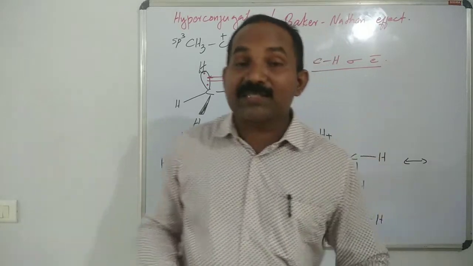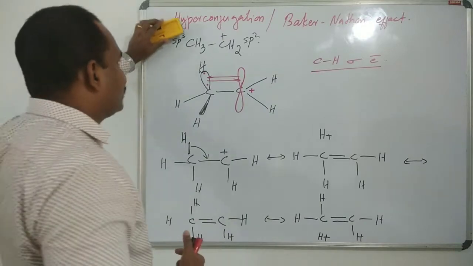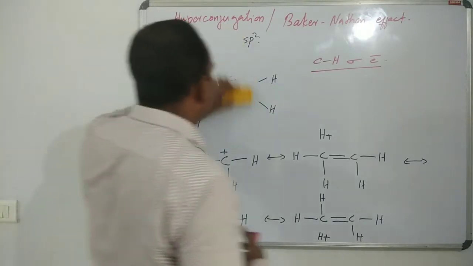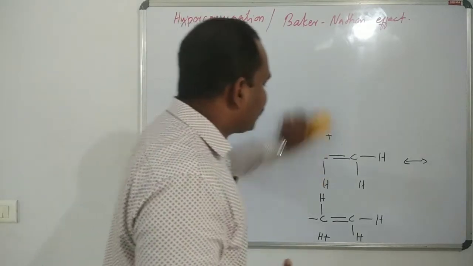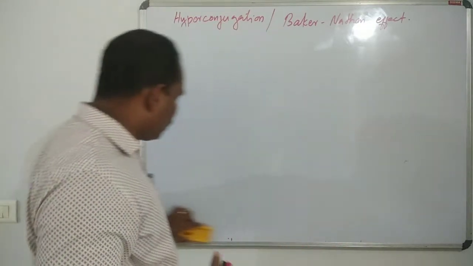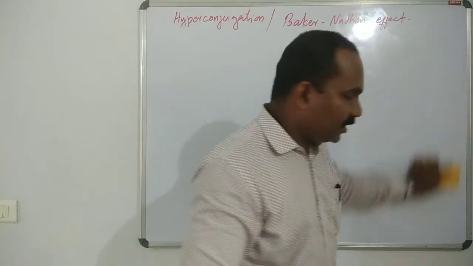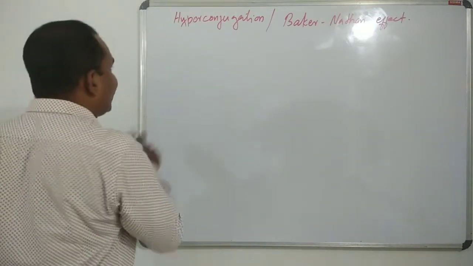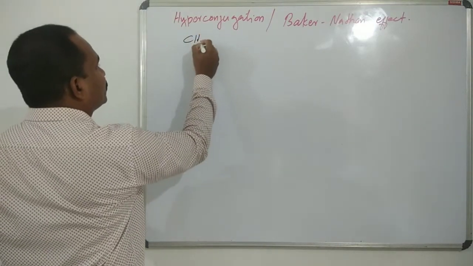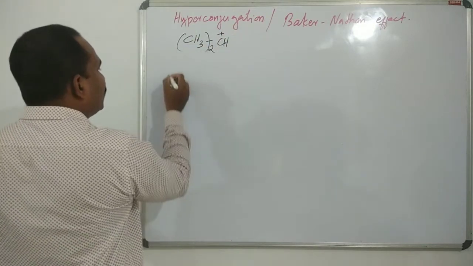Okay, let's consider another one. This is ethyl carbocation. Next we consider the isopropyl carbocation. This example is not given in our textbook. Next is isopropyl carbocation: CH3 twice, CH plus.